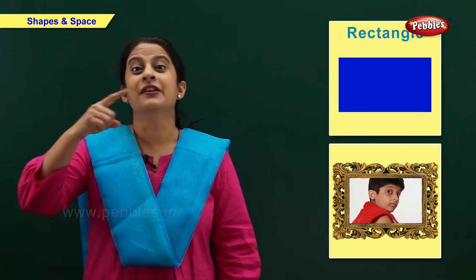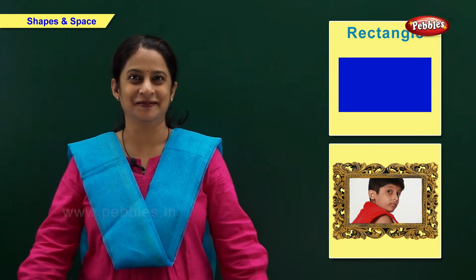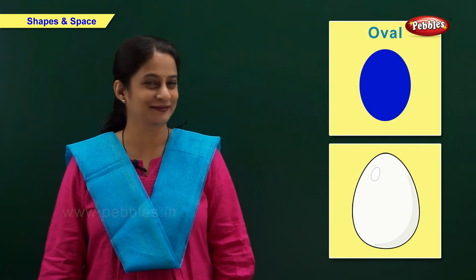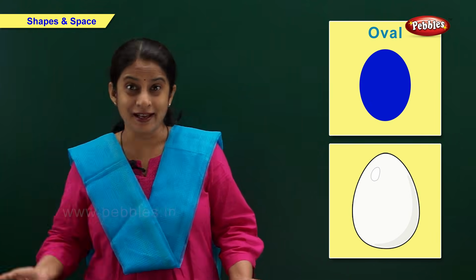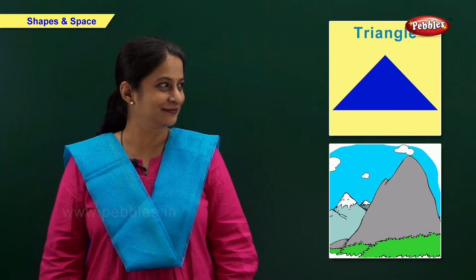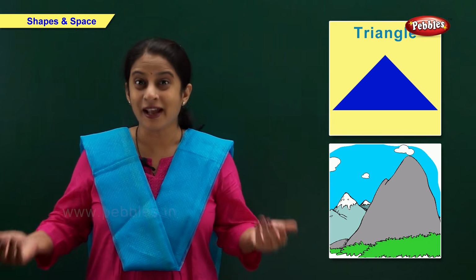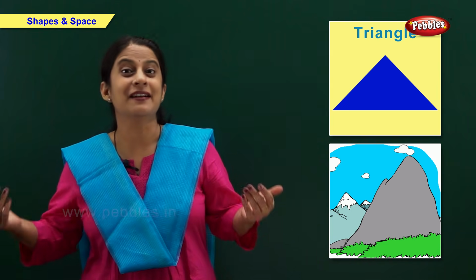Rectangle. The shape of this photo frame is like a rectangle. Oval. The shape of this egg is like an oval. Triangle. The shape of this mountain is like a triangle.